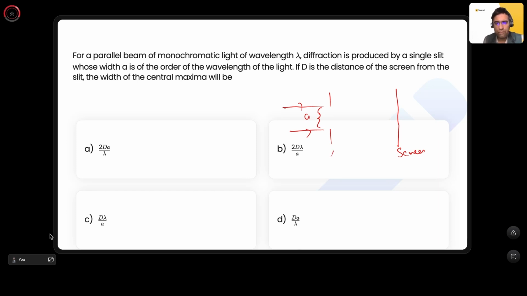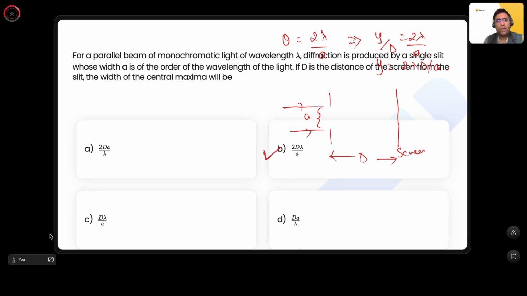If D is the distance of the screen from the slit, the width of the central maxima. So the angular width of central maxima is 2 lambda by a. We know it, angular width. Now theta, we can write it as y upon D is 2 lambda by a. So y becomes 2 lambda capital D upon a.